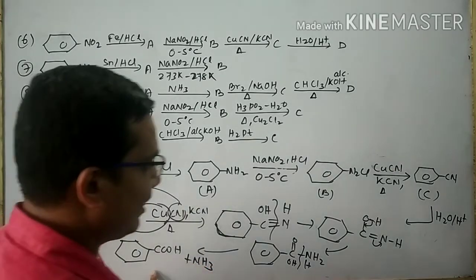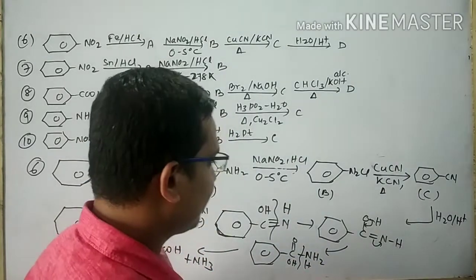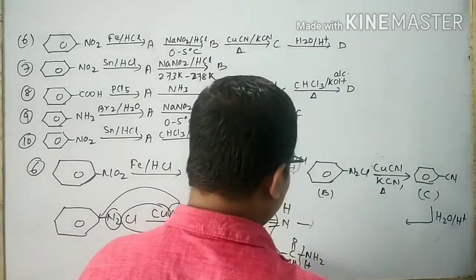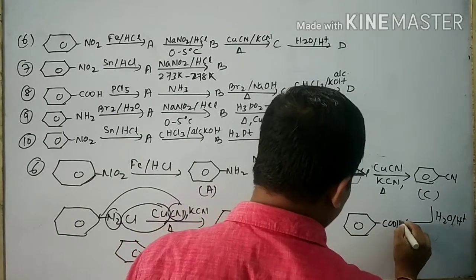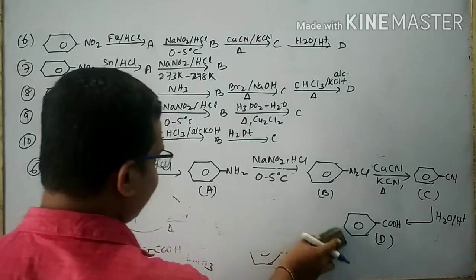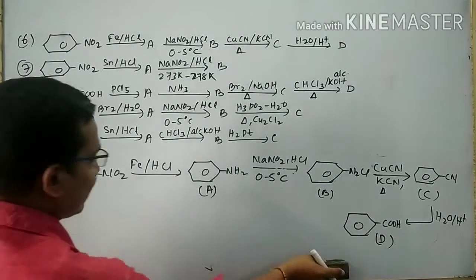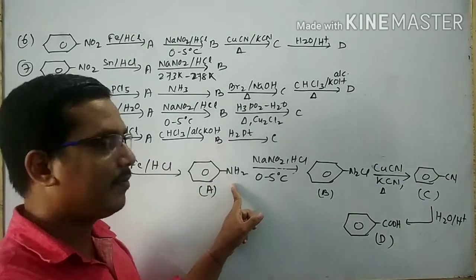So we can write D as the benzoic acid. Again I will repeat. Nitrobenzene subjected to reduction, then aniline is formed.